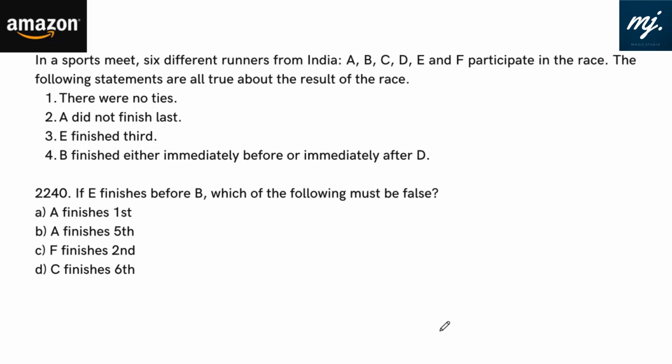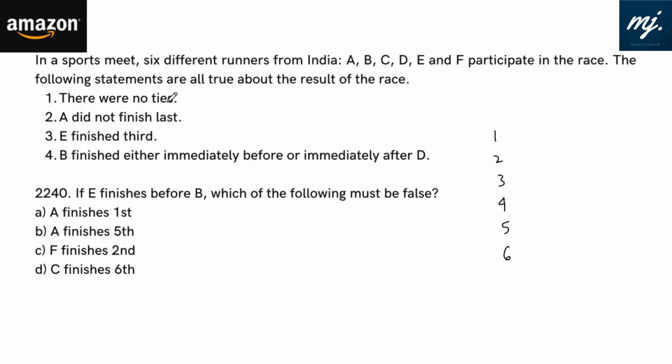Okay, on to the next set of data. What we have in a sports meet, 6 different runners from India, A, B, C, D, E and F participated in a race. The following statements are true about the result of the race. First, second, third, fourth, fifth, sixth.